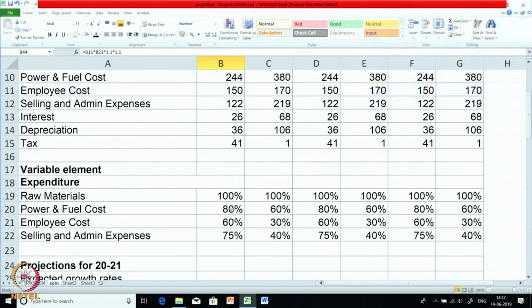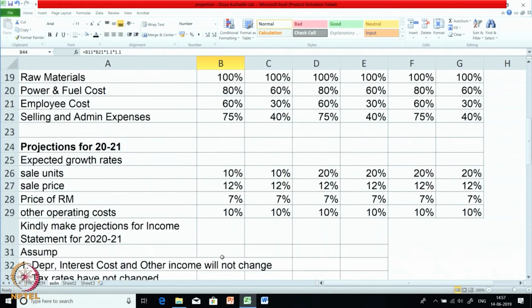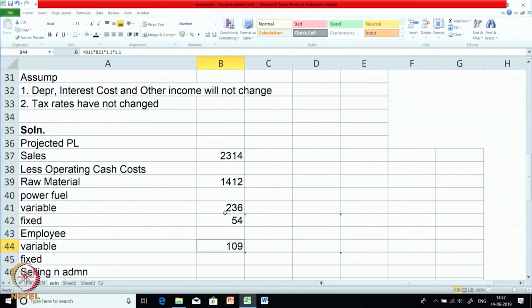So 150 into 60% is a variable portion of employee cost in the last year. Now variable portion will change because of units 10%, so 1.1. It will also change because of change of cost, again 10%. So into 1.1 into 1.1. Are you getting it? How we got 109?